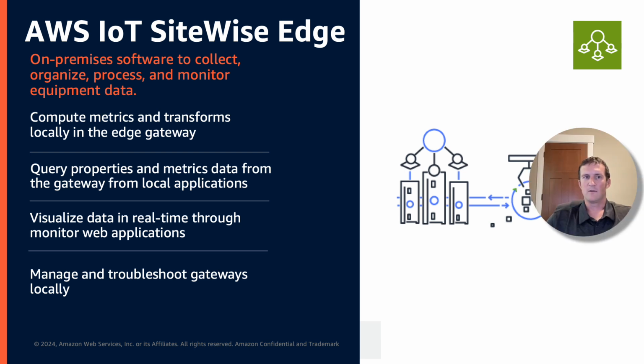We'll also be touching on a few of these particular features of AWS IoT SiteWise, including SiteWise Edge, which is an on-premise software that allows you to collect, organize, process, and monitor equipment data. With this, you're able to compute metrics and transform locally in the Edge gateway. You're also able to query properties and metrics from the data in the gateway for local applications, visualize data in real time through monitor web applications, and manage and troubleshoot gateways locally.